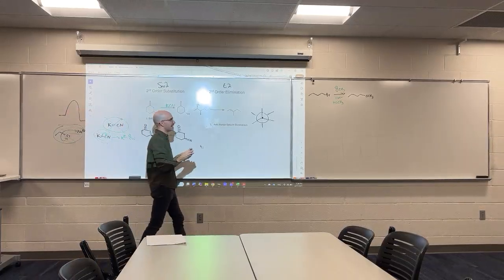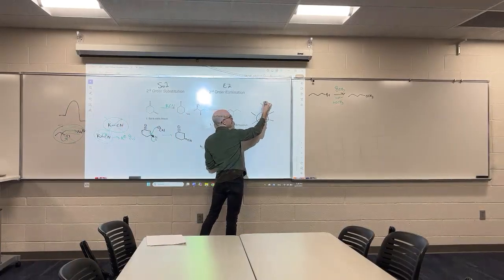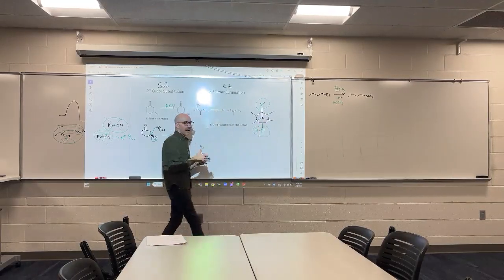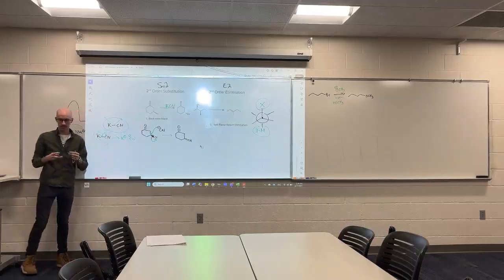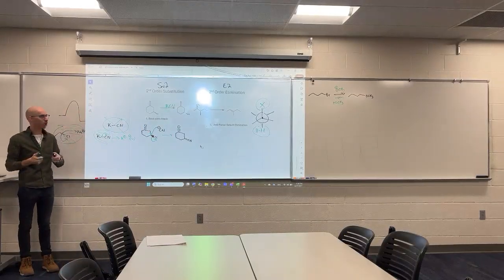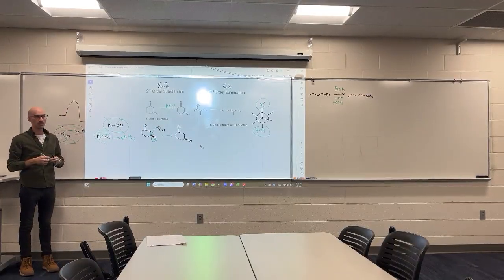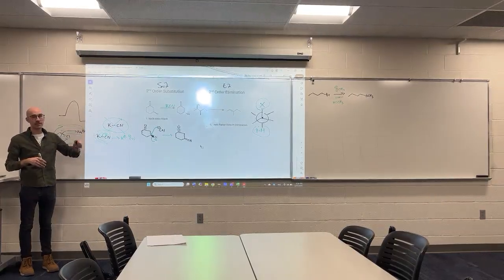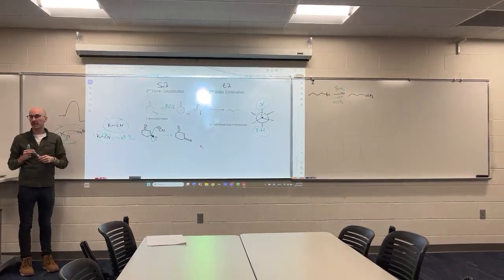Anti-periplanar is saying that the leaving group, let's call that our halogen, should be positioned opposite to the hydrogen on the beta carbon, the adjacent carbon. That is the orientation that they have to be in order to be eliminated.